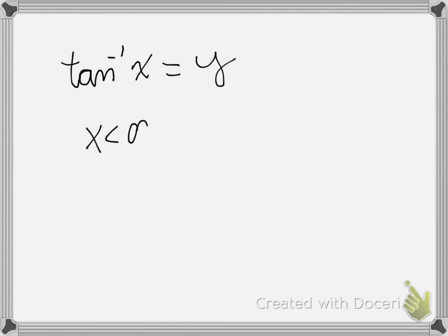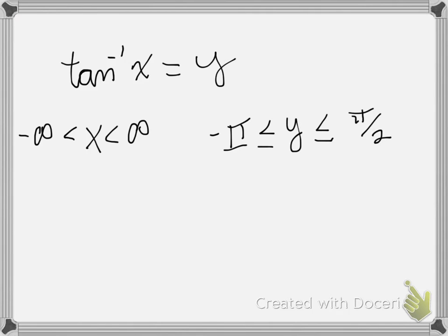X has got to be somewhere between infinity and negative infinity. So it's not like there's a whole lot of restrictions on x. It's just got to be a real number. But y has to be less than or equal to pi over 2 and greater than or equal to negative pi over 2. So again, this is first and fourth quadrant.